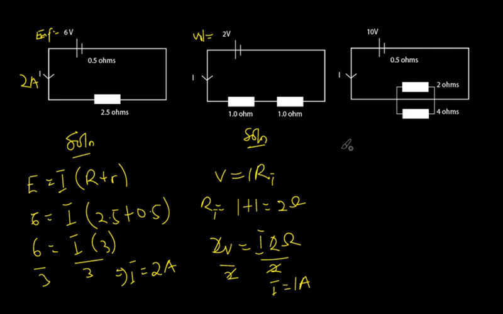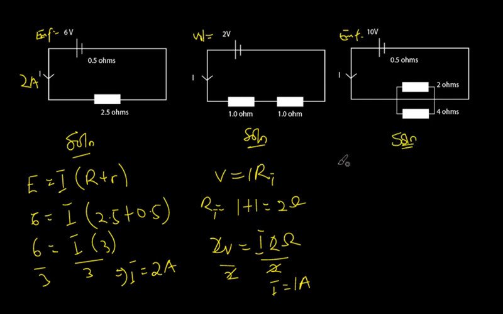Okay, so let's have a look at the third example over here. In the third example we are looking at the EMF, which is giving us 10 volts. We don't know the current. We have 2 resistors connected in parallel, then we have an internal resistance offered by the cell. So in this example we have the solution.